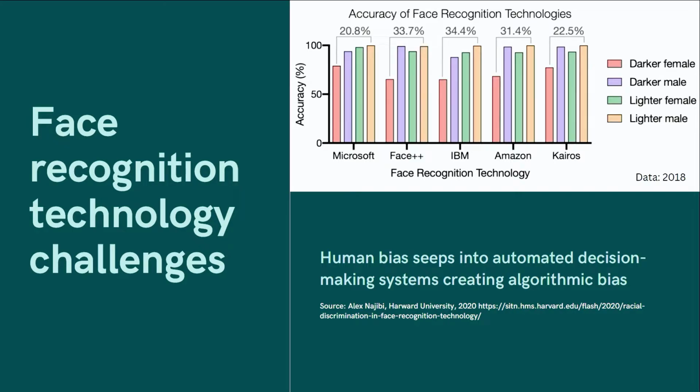That's what I would like to bring your attention to, because when we look at the data, even giants like Microsoft, IBM, and Google all face these challenges. These challenges come from the people who make these automated decision systems bringing their human biases into the technology and creating algorithmic biases.